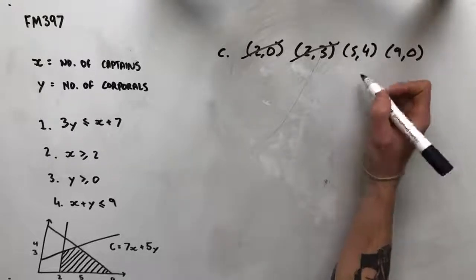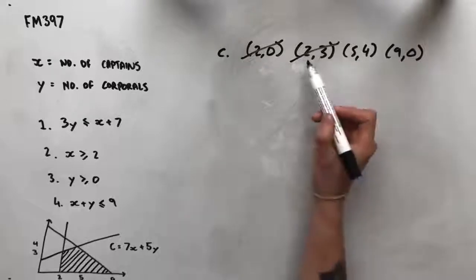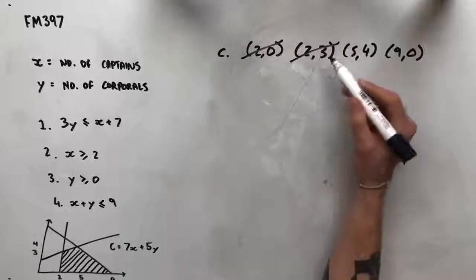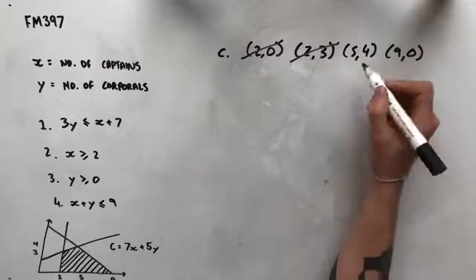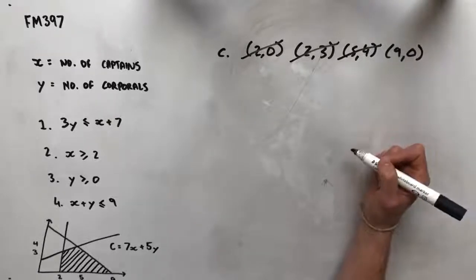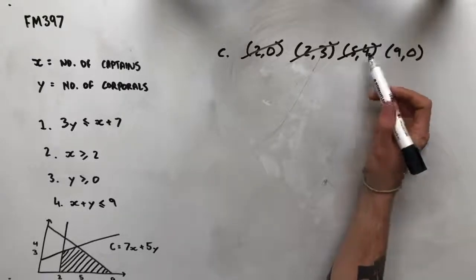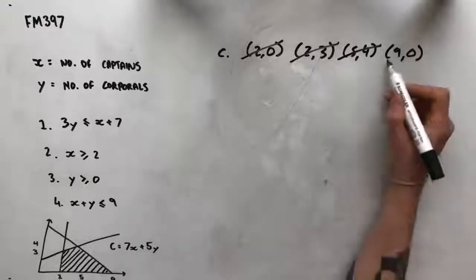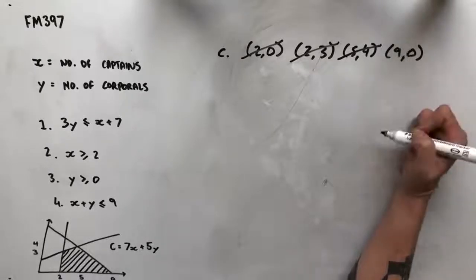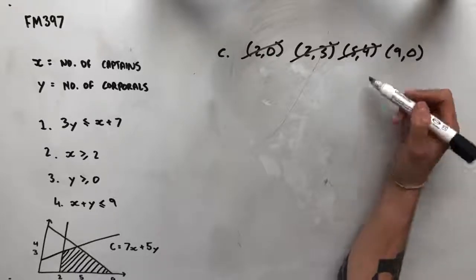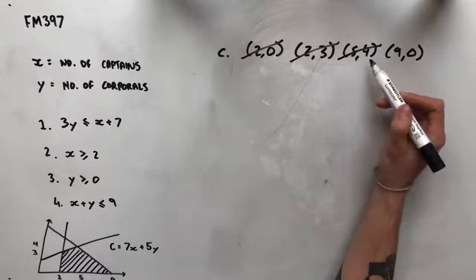We can also immediately rule out this (2, 3) because our next option is 5 captains, which is more captains than we had before, and 4 corporals, which is also more corporals than we had before. We can then eliminate this option, the 5 captains and 4 corporals, because in our next option we have 9 captains total. Whereas over here, we've got 9 people total, but we've got 5 captains and 4 corporals.